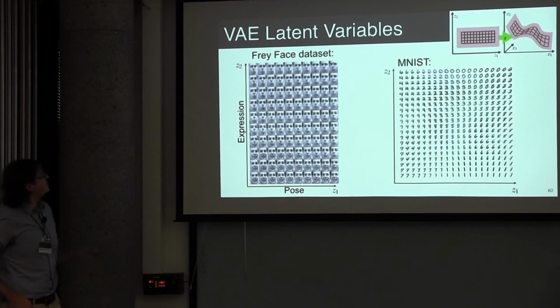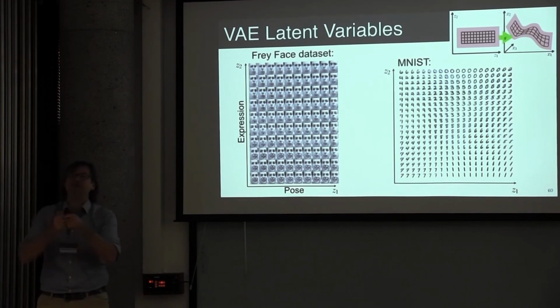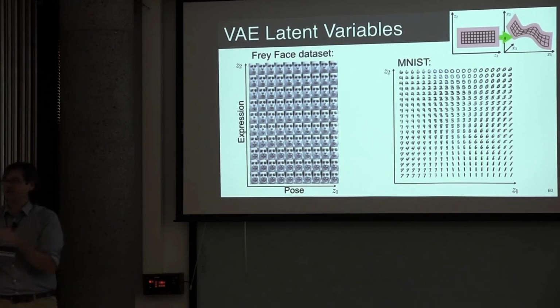I want to show you one more thing before we move on, which is I promised you that we would disentangle, or at least we had a goal that these latent variables would somehow disentangle factors of variation in the input. To some degree, we're getting that with a variational autoencoder, and that's what's being plotted here. In a case like MNIST, it's not very clear that that's really happening.